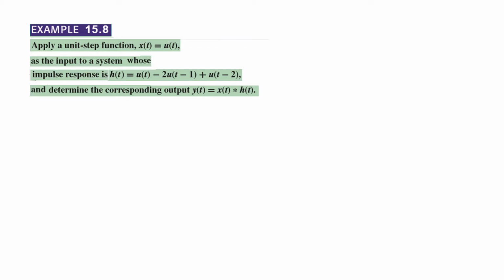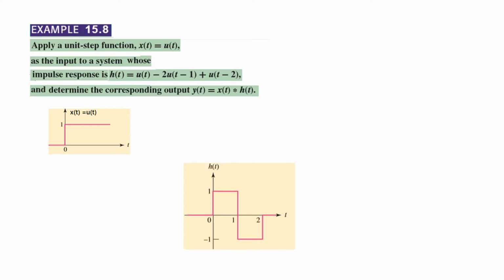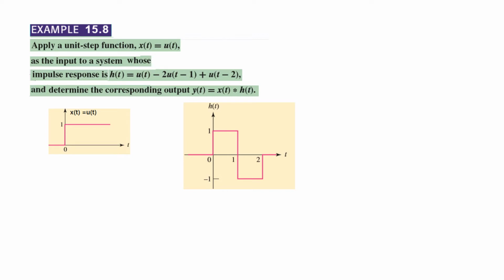x(t) and h(t) are given, and we have to find the output. We plotted x(t), which is u(t), and we also plotted h(t), the details of which have been explained in the previous video.